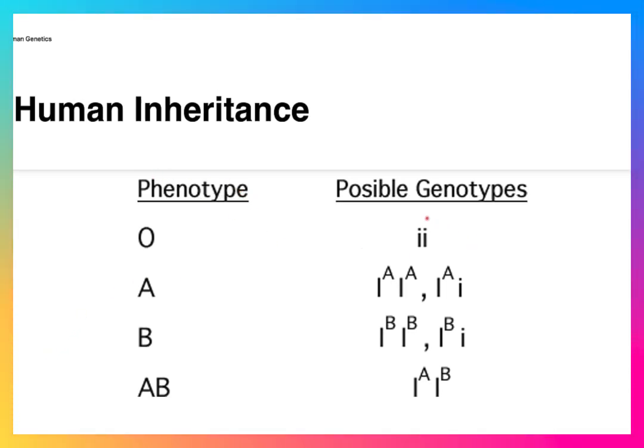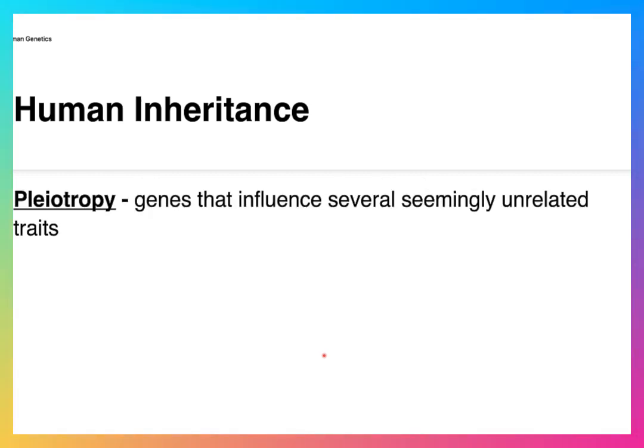If they're homozygous for neither, then they're blood type O. If they're heterozygous or homozygous for A, they have blood type A. If they're heterozygous or homozygous for B, then they have blood type B. And if they're heterozygous for A and B, then they have the blood type AB. And this is the example of multiple allelic inheritance.